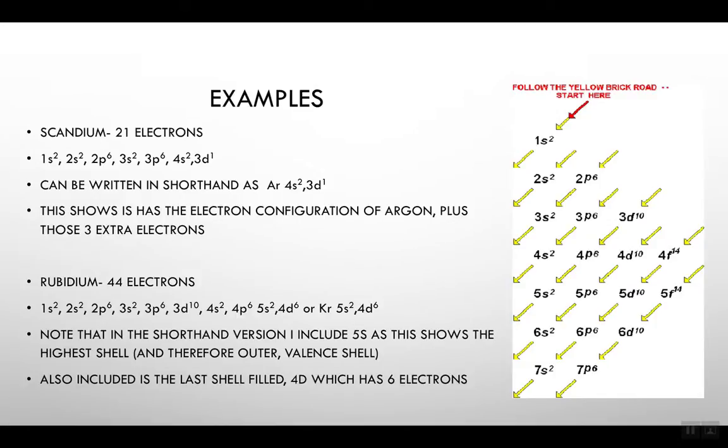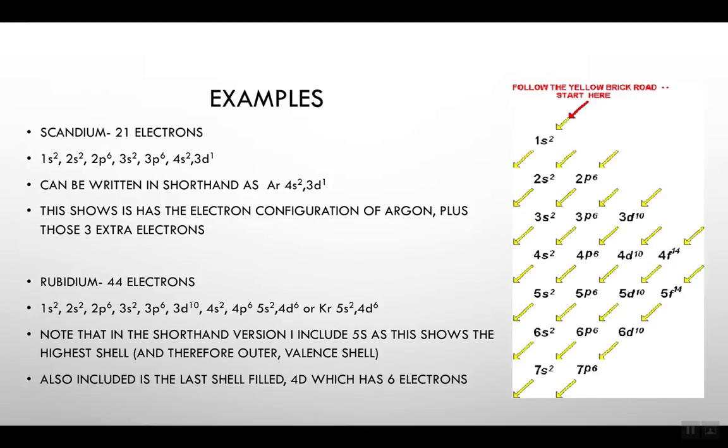Rubidium, see here's one where we're getting really, really long. Okay, we've got to fill 3d, we fill 4s, then we fill 3d, then we fill 4p, then we go to 5s, right, then we're back to 4d.